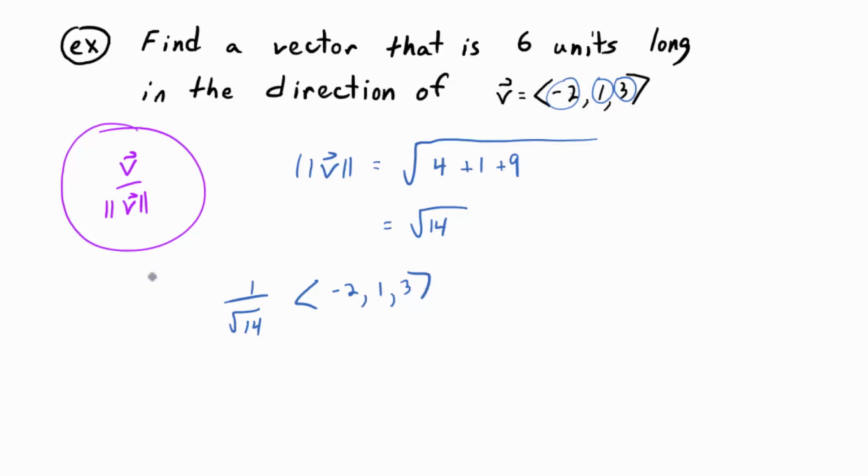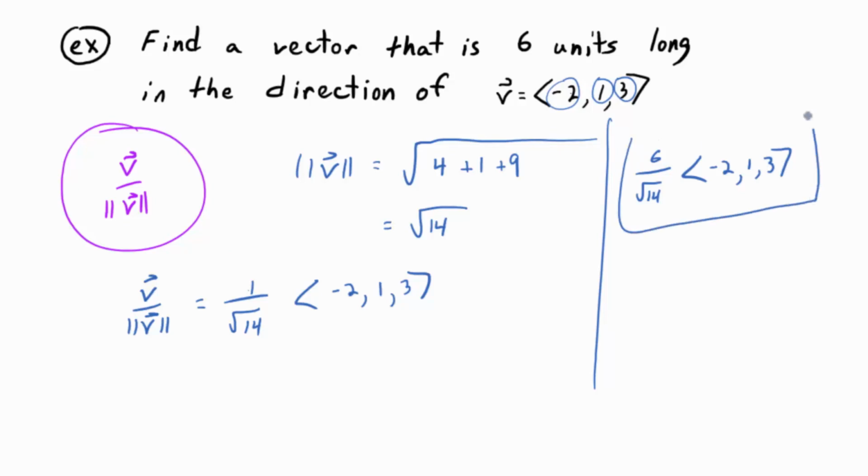So this right here is v divided by its magnitude, or the way I wrote it, 1 over the magnitude of v, 1 over square root of 14 times v. And then to get the vector you're interested in, multiply by 6. So you get 6 over root 14 times the vector <-2, 1, 3>.